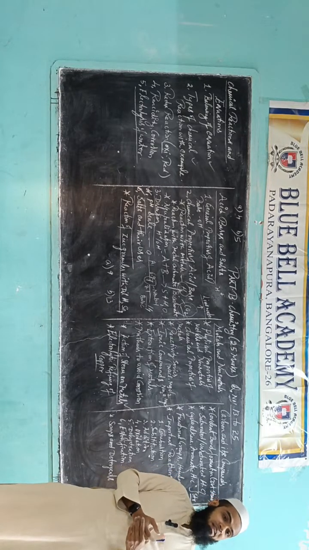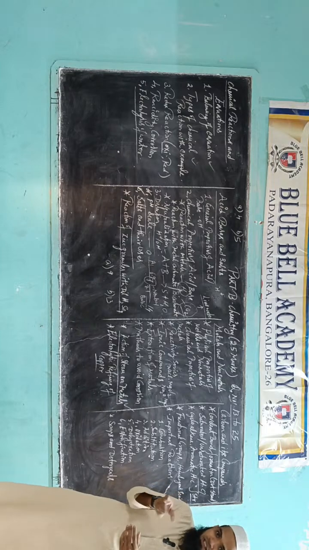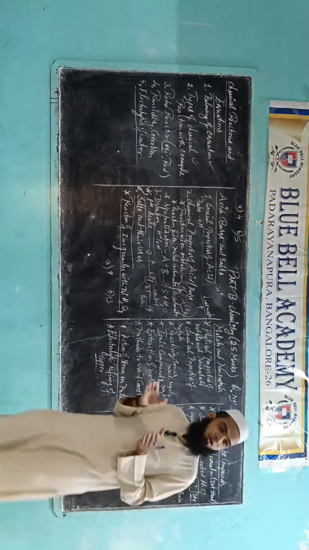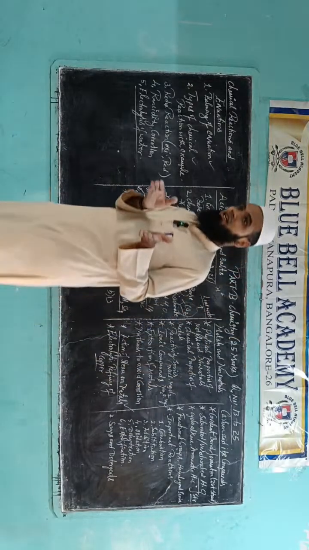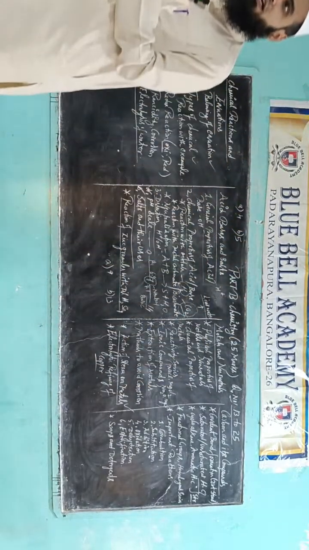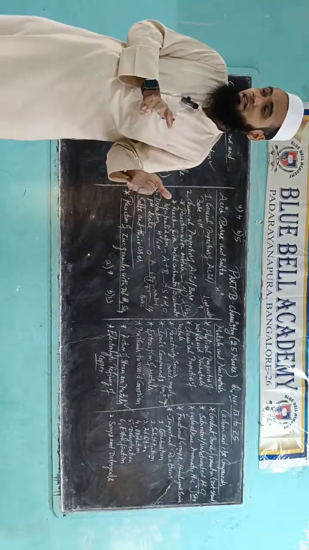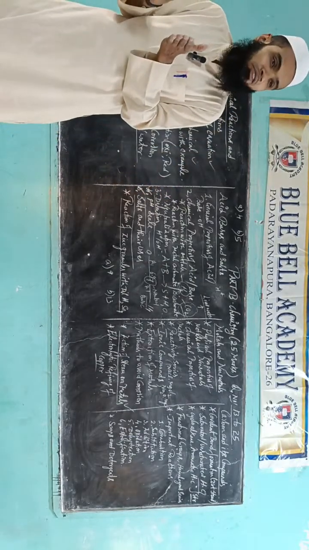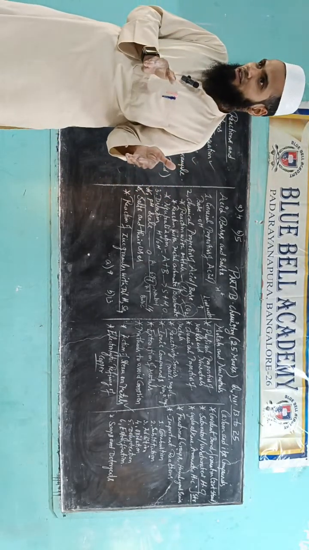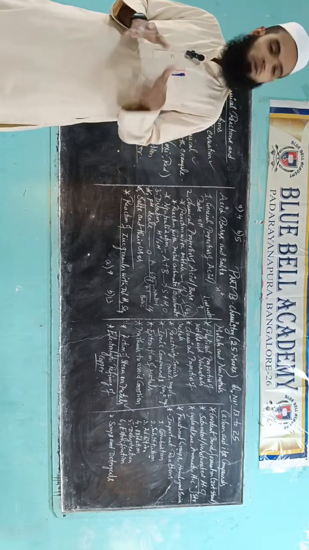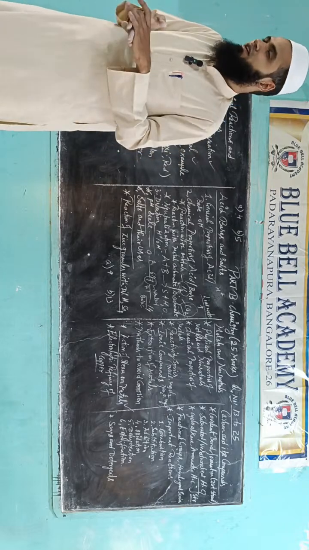And difference between benzene and cyclohexane: benzene is aromatic, cyclohexane is non-aromatic. Benzene is unsaturated, cyclohexane is saturated. Benzene has alternate single and double bonds, but cyclohexane has single bonds between carbon and carbon. You can write up the difference.